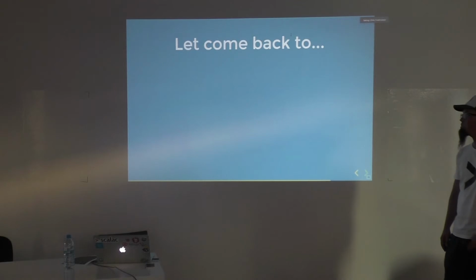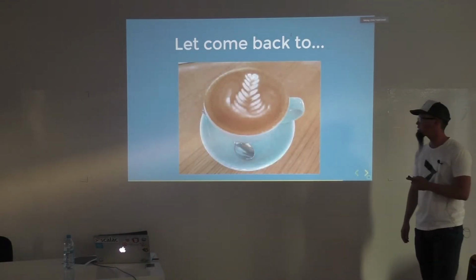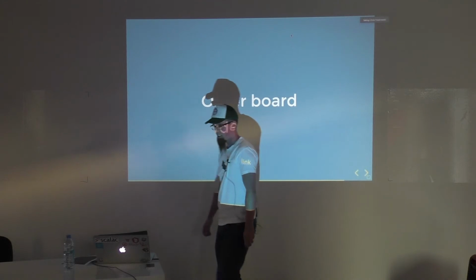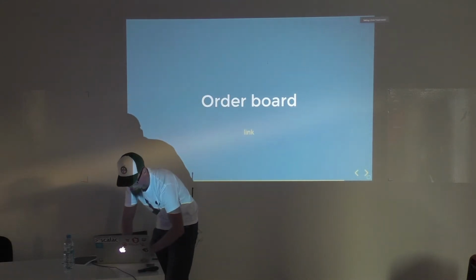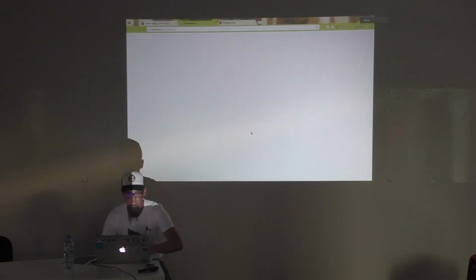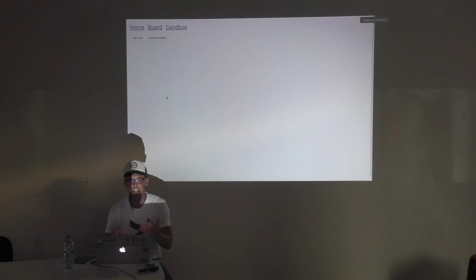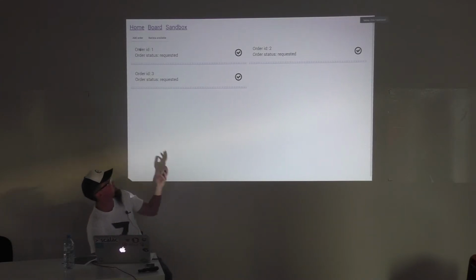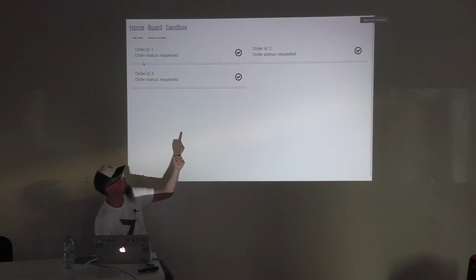So let's come back to coffee. I prepared an example, which is basically an order board. It's really simplified so we can implement it in 15 minutes. So we can place an order, and as you might see, it's waiting in the status of requested.